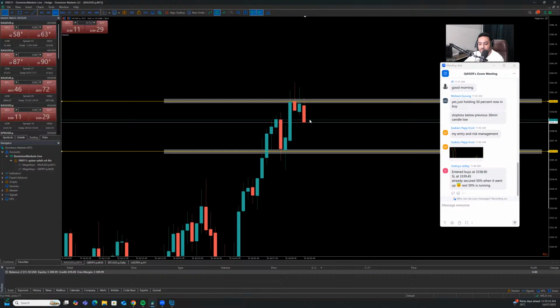Oh, it just broke the low. It did break the low. If someone is in a trade, you need to manage the risk here. It should not react like this.